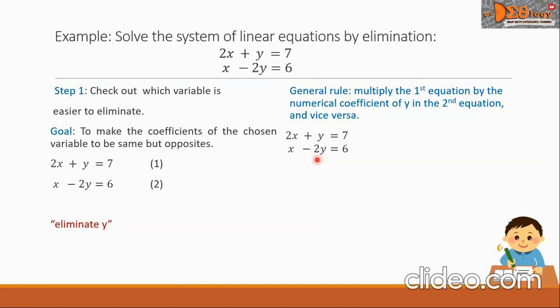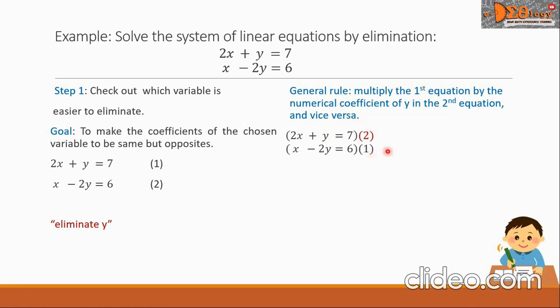And in this case, I will not include the sign. And also, for the second equation, I will multiply this by the coefficient of y in the first equation. And in this case, it is 1. So we have now the first equation to be multiplied by 2 and the second equation to be multiplied by 1.